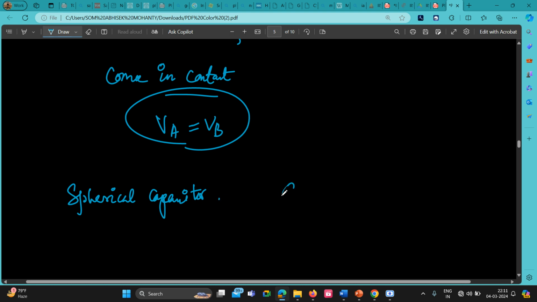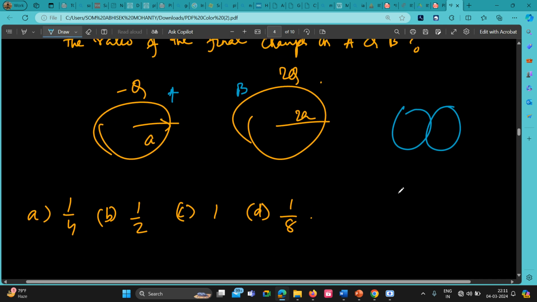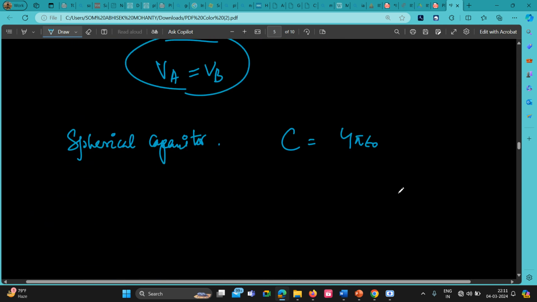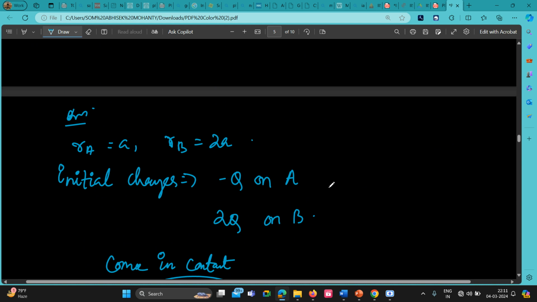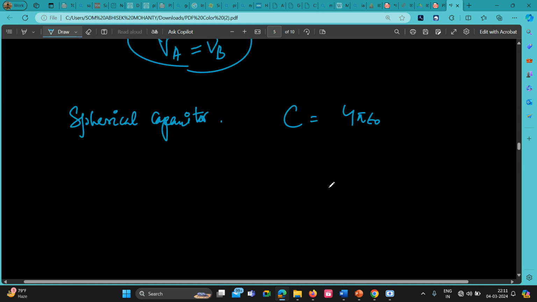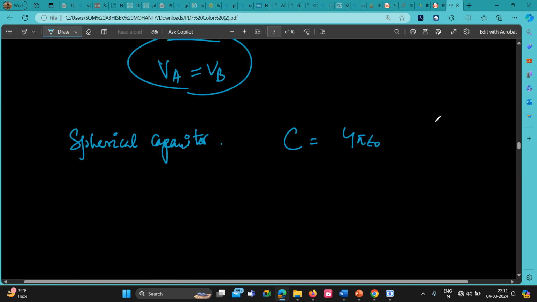What is the formula for it? C is equal to 4 pi epsilon naught R in into R out divided by R out minus R in.